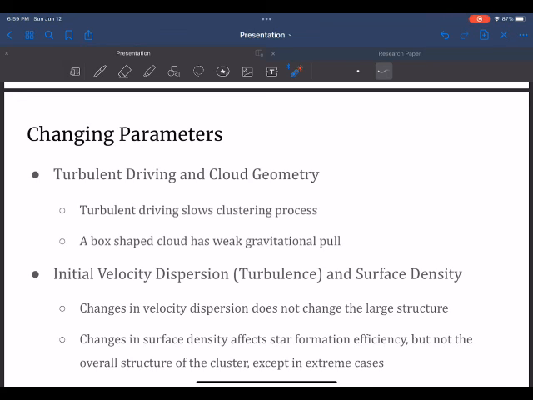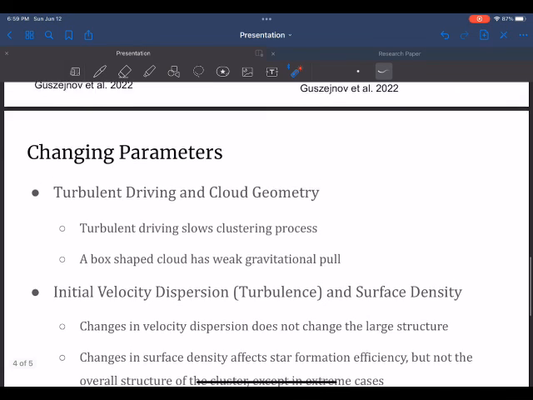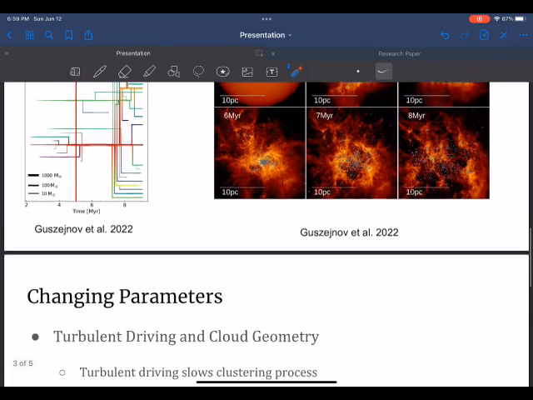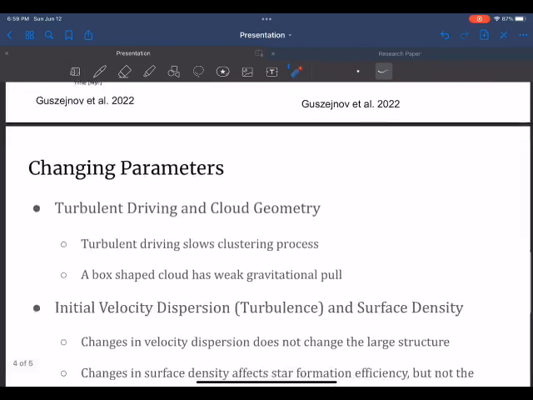And if we decrease it by a factor of 10, you'll find that less than 20 stars form in the simulation, which is not enough to do clustering analysis. But except for these extreme cases, the changes in surface density still do not affect the overall structure of this central dominant cluster.